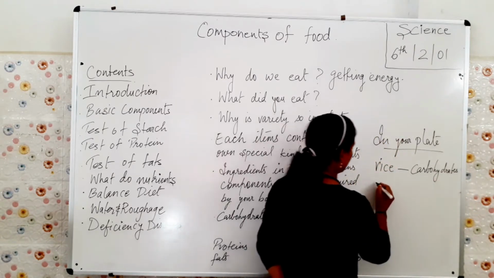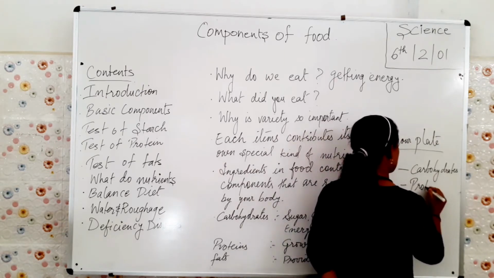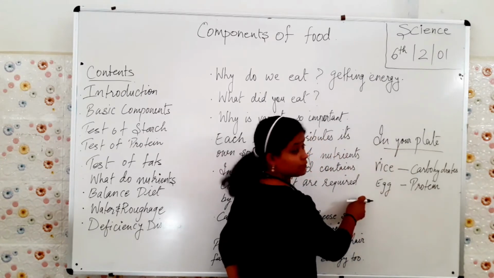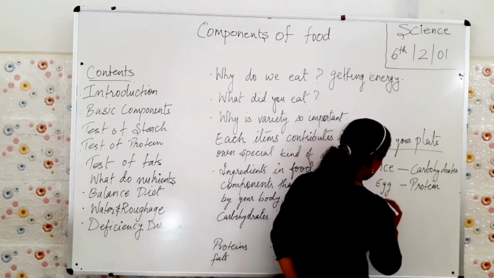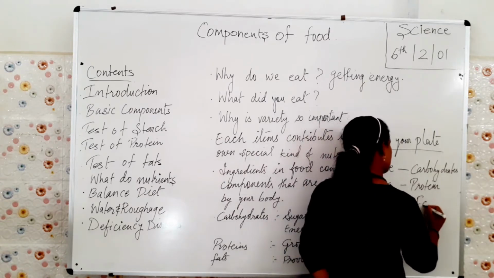Suppose you have an egg, you will be getting protein. And this is non-veg, it's not a vegetarian thing. Then chips are there, so you will be having even fats.